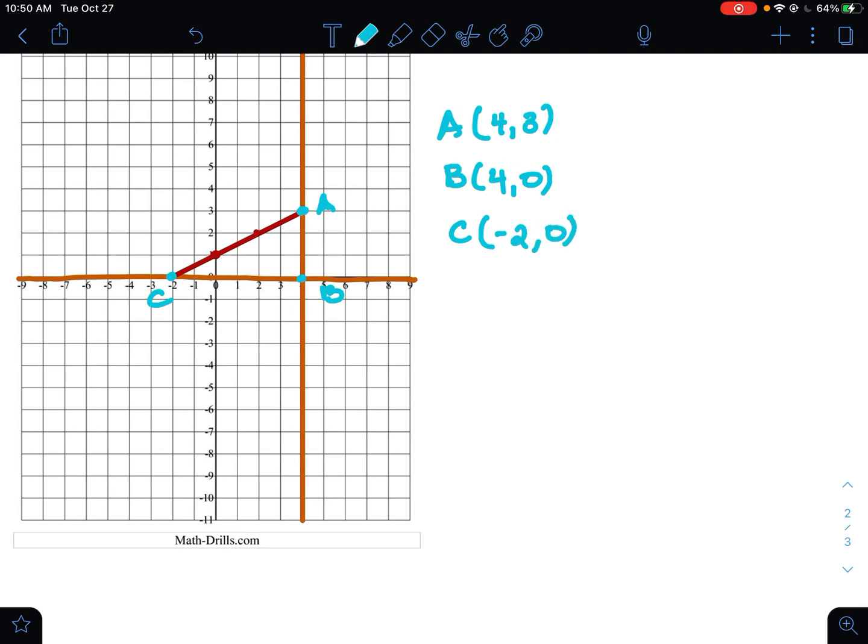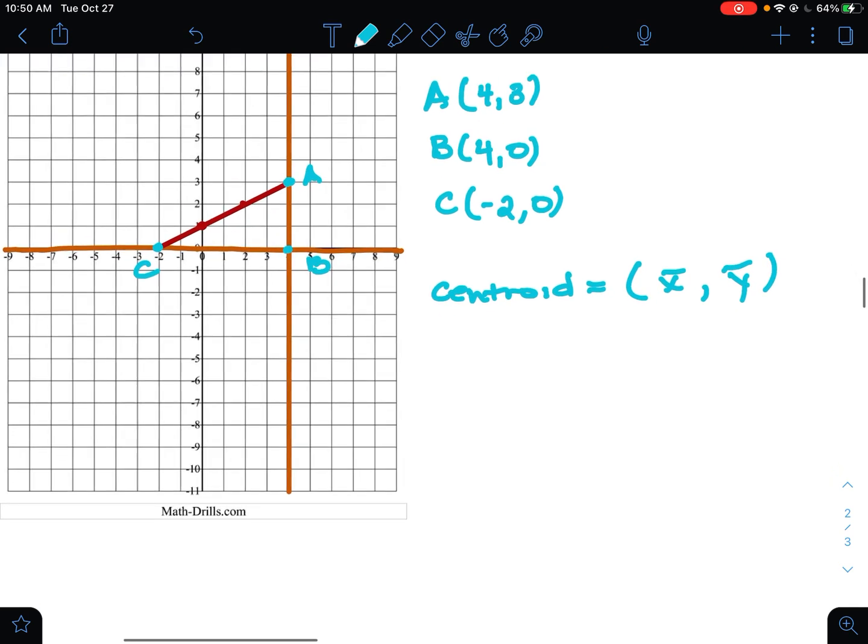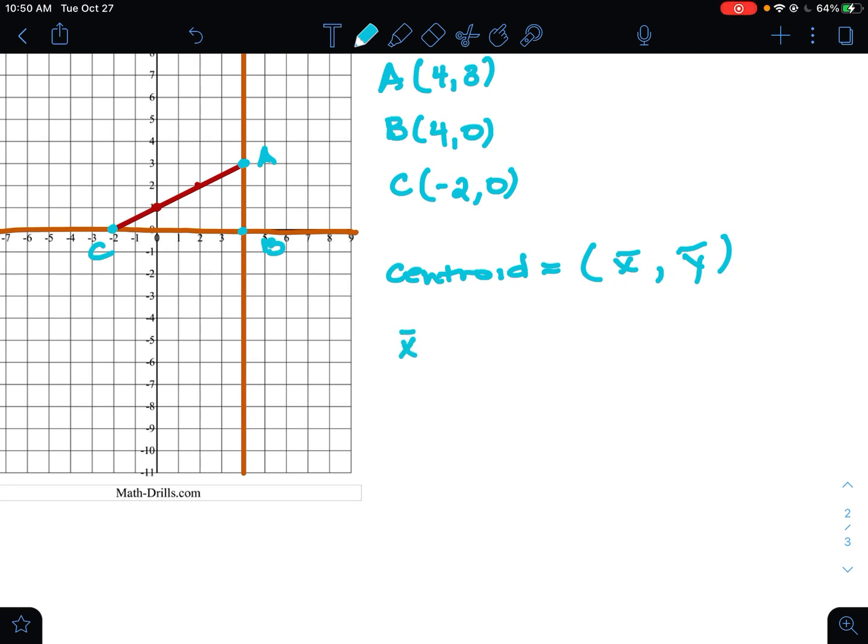And so if we want to find the centroid of this triangle, what we know is that our centroid, remember, is equal to the average of our x coordinates and the average of our y coordinates of our vertices. So the average of x is equal to 4 plus 4 plus negative 2 divided by 3. 8 plus negative 2 is 6 divided by 3 is 2.